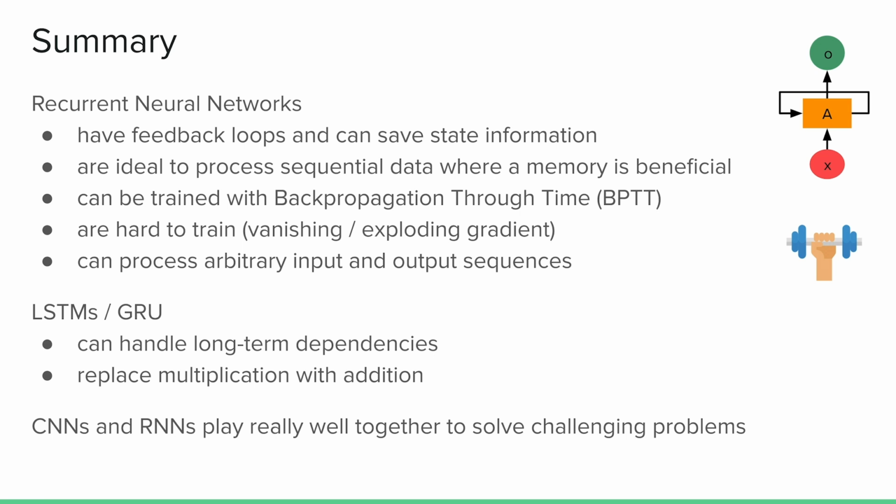They're harder to train than feed-forward networks because we're using the same values over and over again, and therefore, we can have the problem of vanishing or exploding gradients. And they have the capability to process arbitrary input and output sequences of arbitrary length.